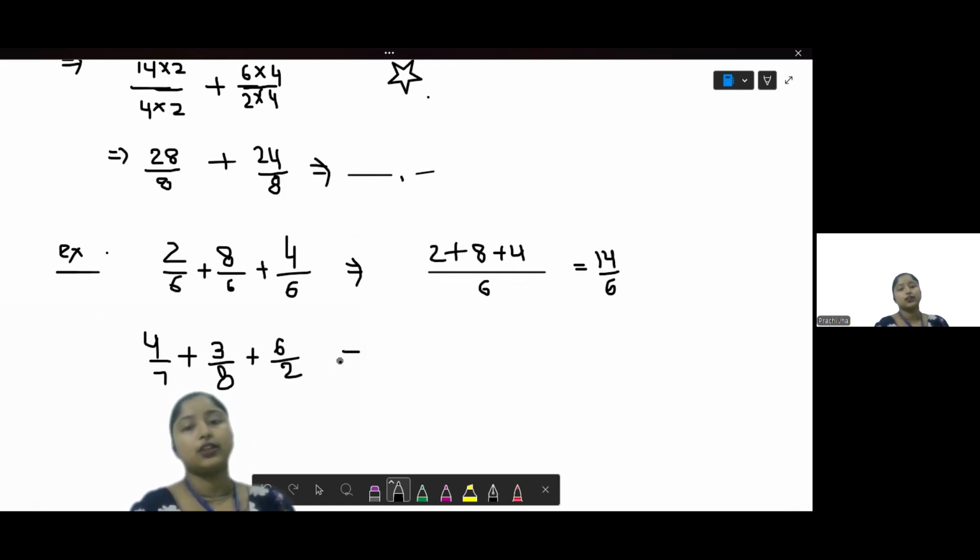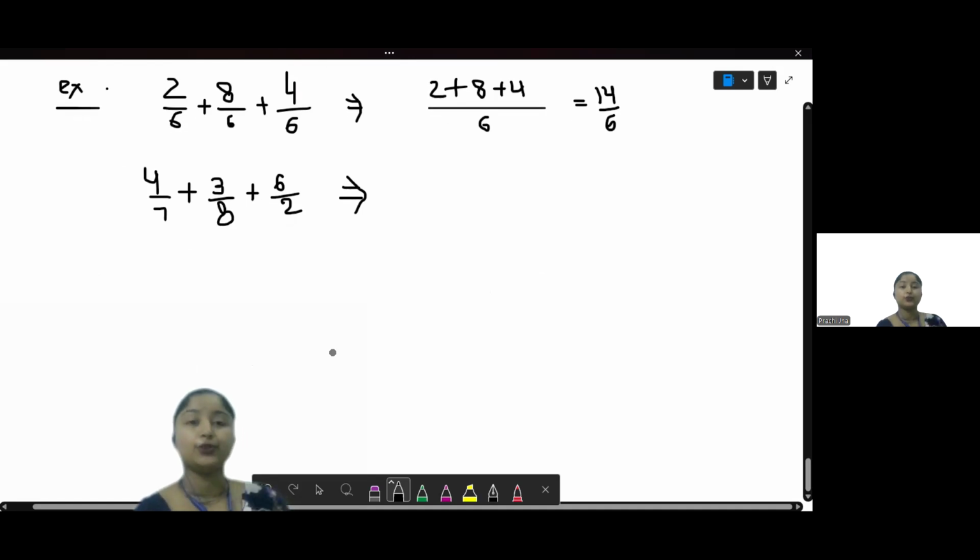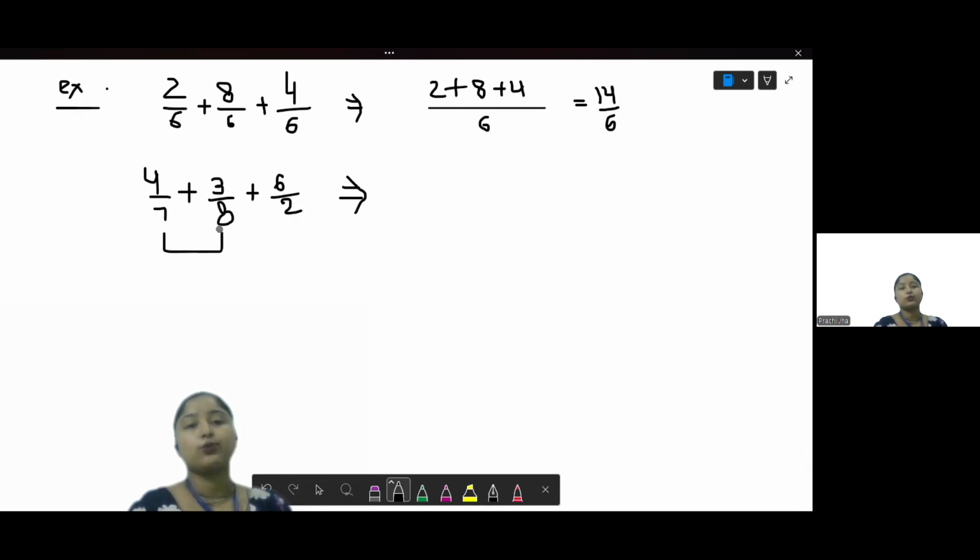In all these fractions, you can see all three denominators are different. In these types of questions where you have to add unlike fractions and there are more than 2, you first do this process with 2 of them and get some answer. For example, you got x, then take the x and start the process with the left out number. Got it?